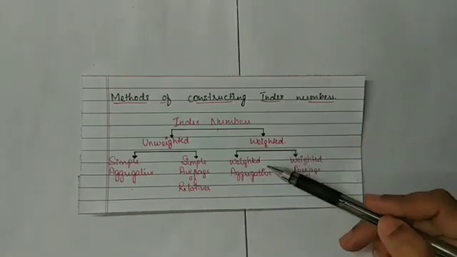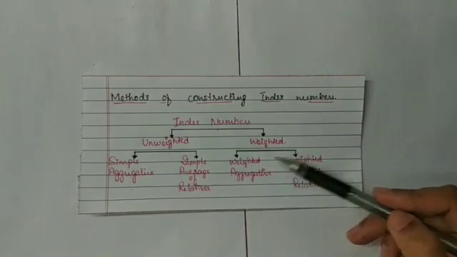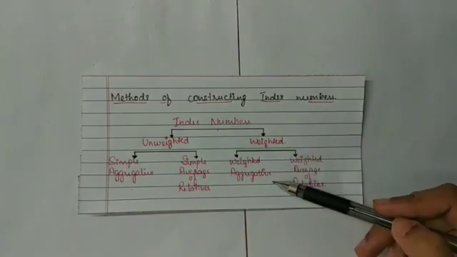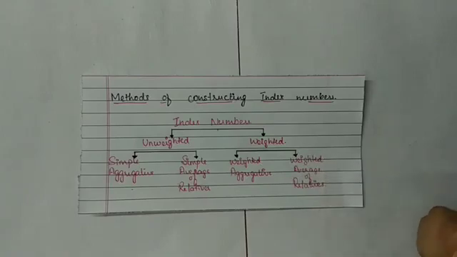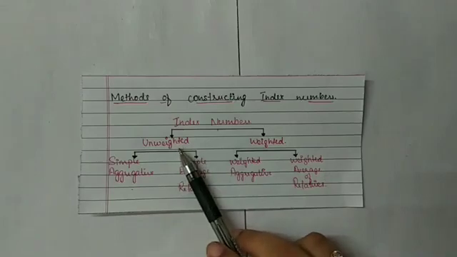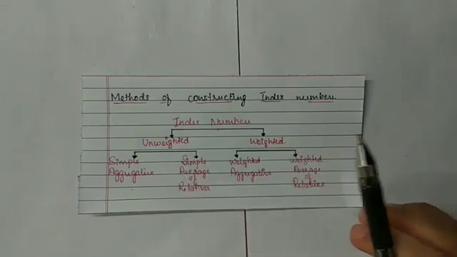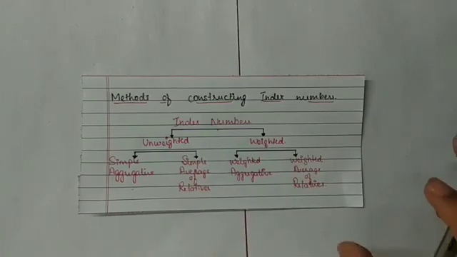And weighted is subdivided into two types: weighted aggregate index numbers and weighted average of relatives index number. In simple or unweighted index numbers, each item is supposed to have equal importance.